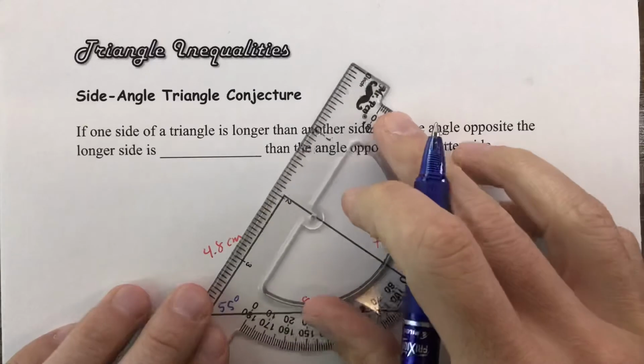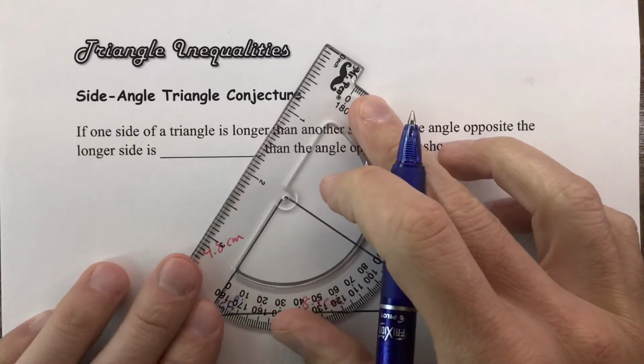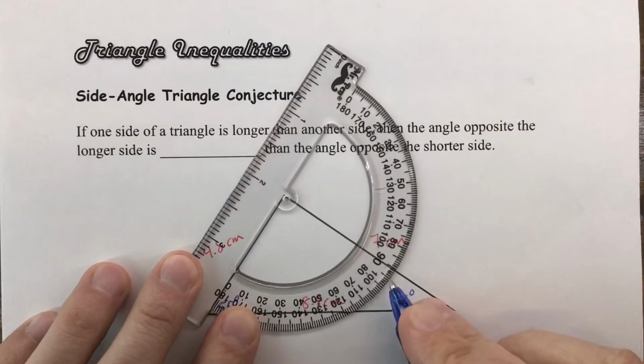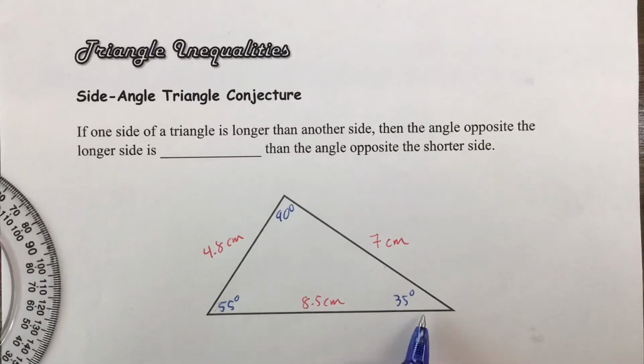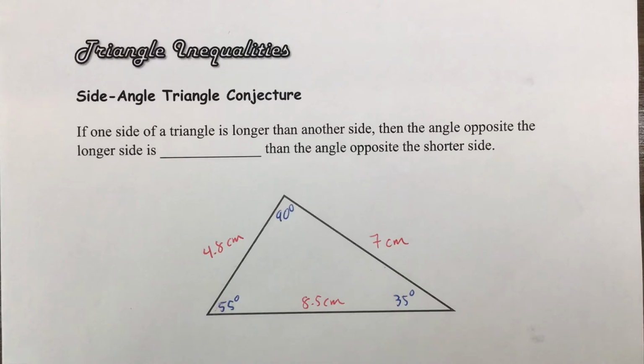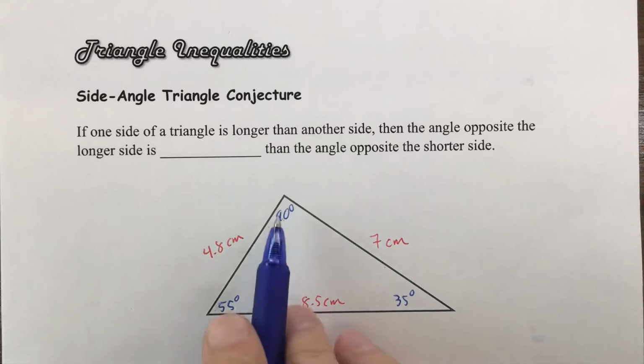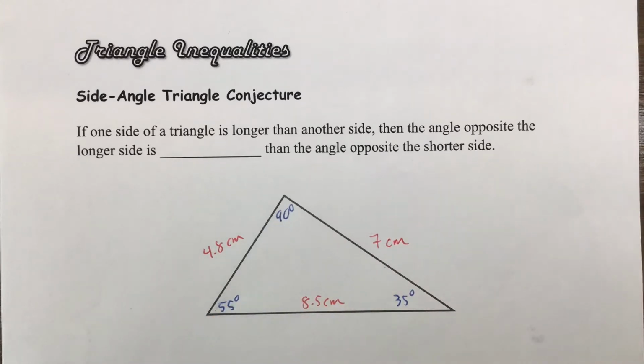And let's see, this last one appears to be right at 90 degrees. All right, let's see what that adds up to. Yeah, that actually works out here. These two add up to be 90 degrees. With that 90, we're going to get 180. All right, so I have a random triangle here with these side lengths and these angle measurements. It ended up being a right triangle, but that's just what it was.